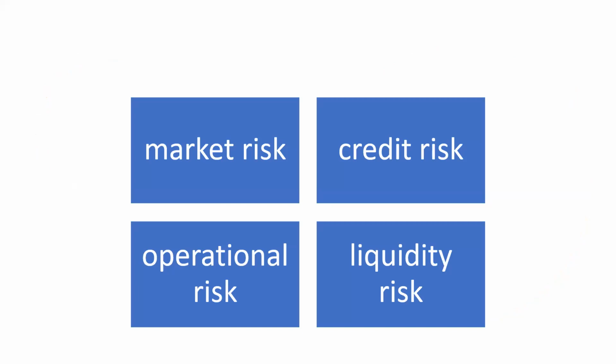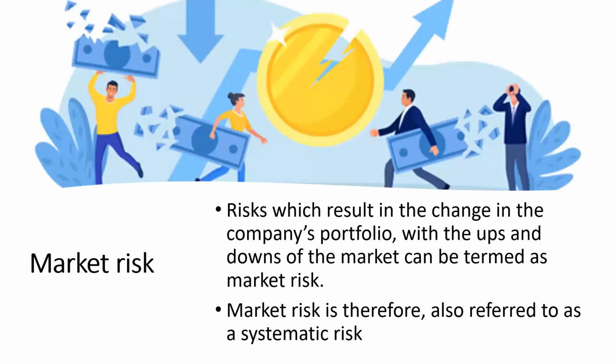They are divided into four types, that is market risk, credit risk, operational risk, and liquidity risk. So we are going to discuss all these types of risk in detail. So let us move with the first type of risk, that is market risk.